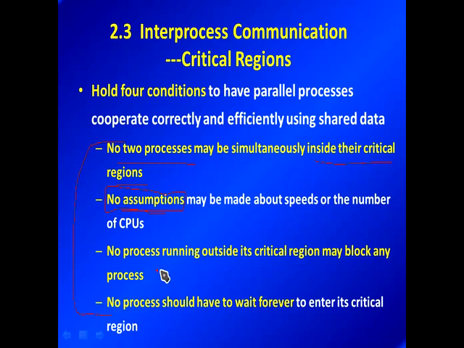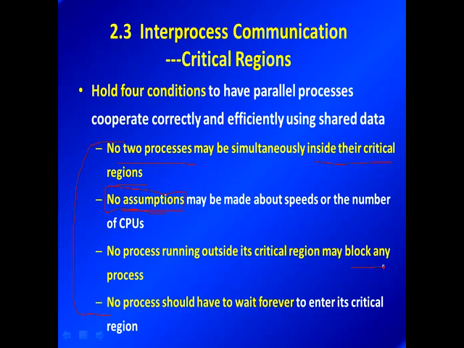And the third condition says no process running outside its critical region may block any processes. What does this mean? It means if you are not in your critical region, if you are not accessing that shared data or file, you cannot forbid some other processes from getting in their own critical regions.